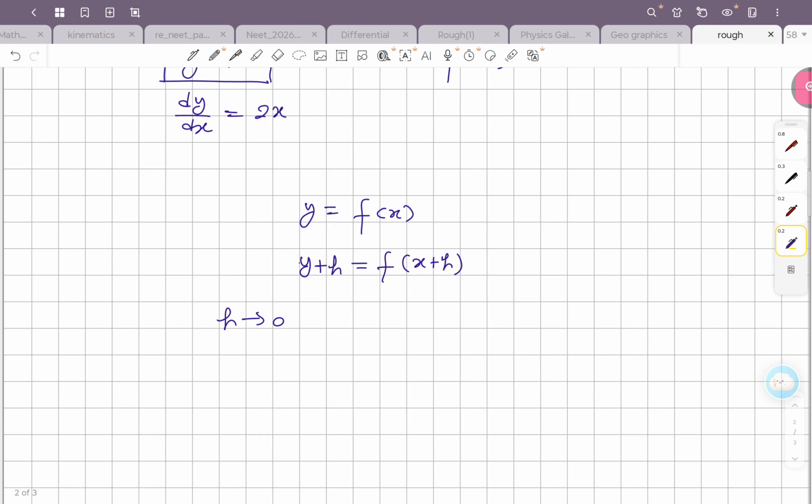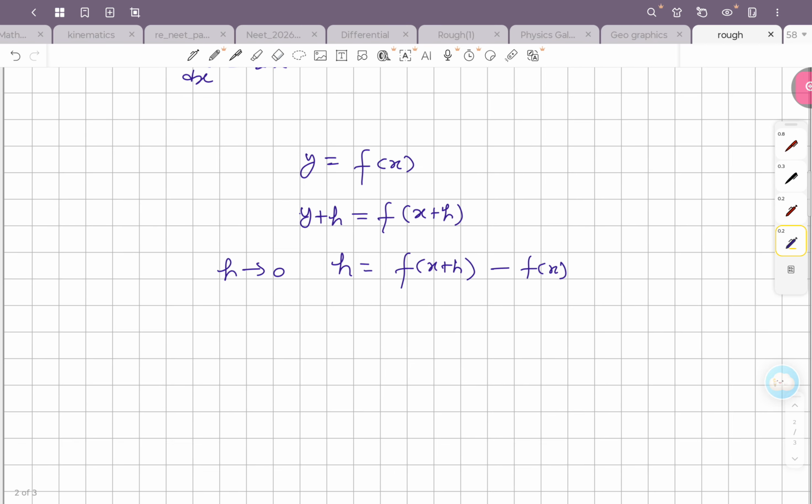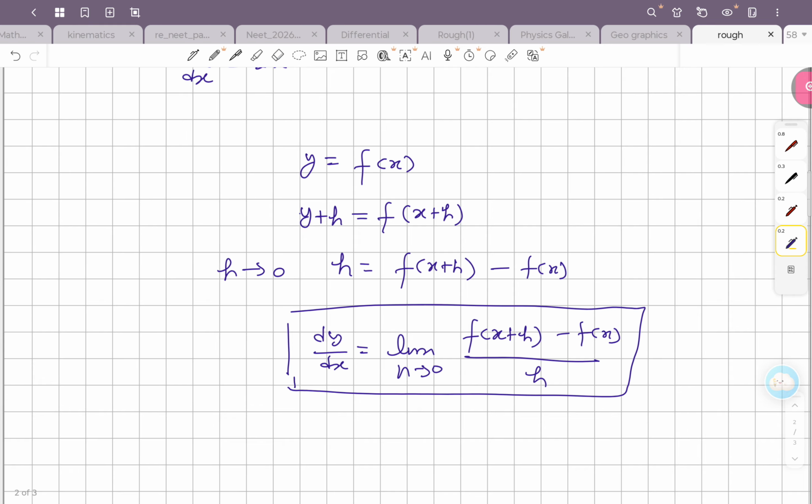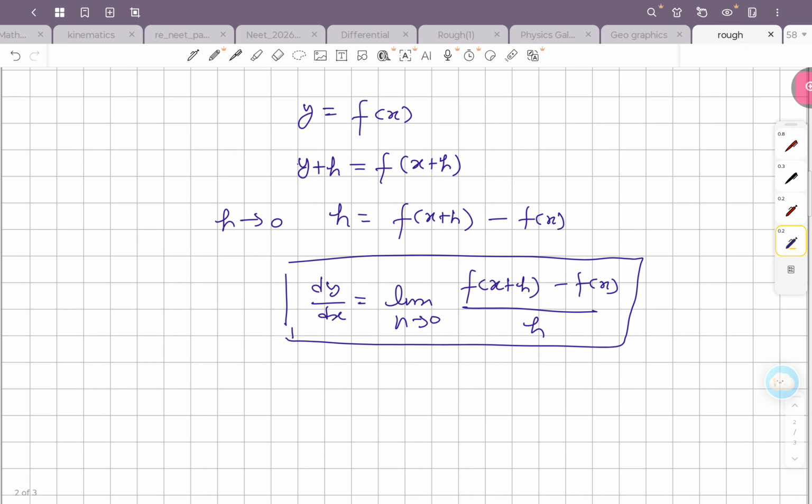So the change is f(x plus h) minus f(x). So dy by dx is equal to the limit h tends to 0 of f(x plus h) minus f(x), divided by h.